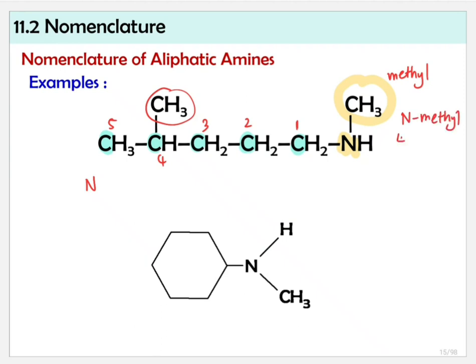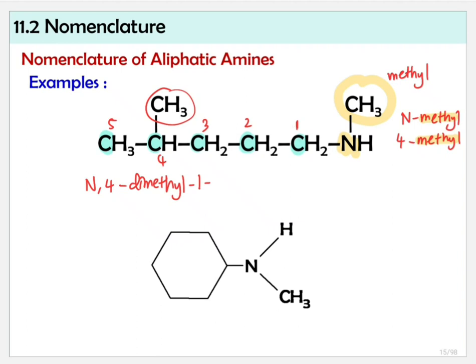Dan kita ada dekat carbon number 4 pun kita ada methyl juga. Jadi, samalah macam ni. Awak ada 2 substituent yang sama. Okay. Methyl. Jadi, untuk penamaan dia, N,4-dimethyl. So, for this, okay, maksudnya dekat nitrogen ada methyl, dekat carbon nombor 4 pun ada methyl juga.